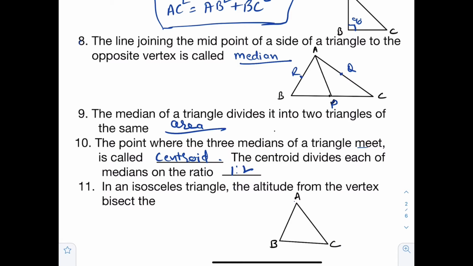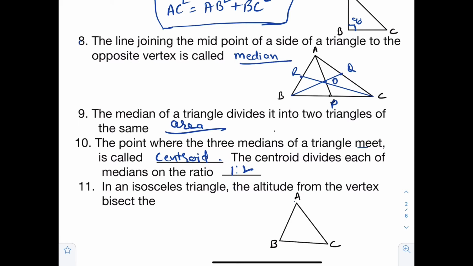So we join BQ and RC. So this is the point where all three medians meet, we call it O. So O is the centroid. O is called centroid, and centroid divides each median in the ratio of 1:2.